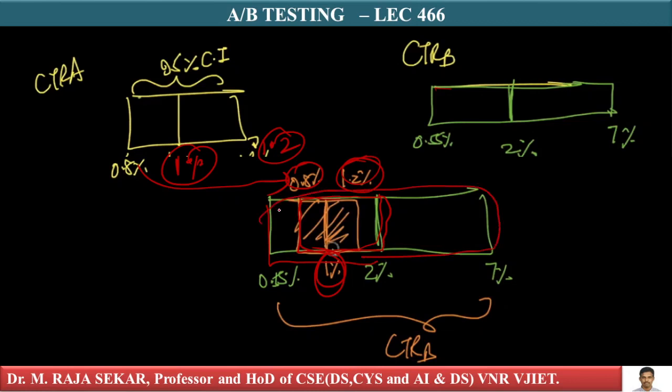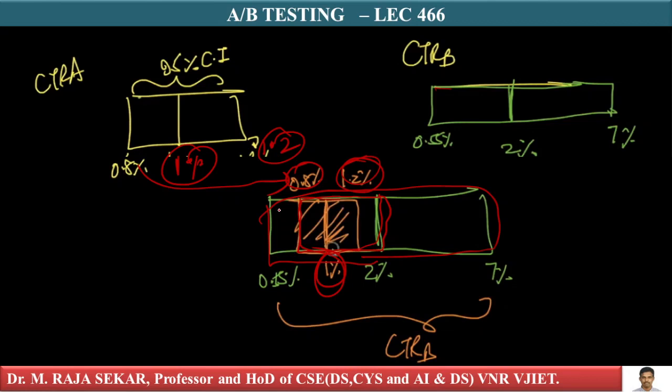So when you draw the confidence intervals one on top of the other, they are fully overlapping. So by looking at 2% and 1%, you can't conclude that CTR of B is greater than CTR of A. You should never do that. You should look at the confidence intervals and see if they are overlapping.